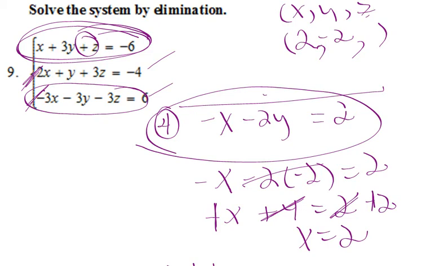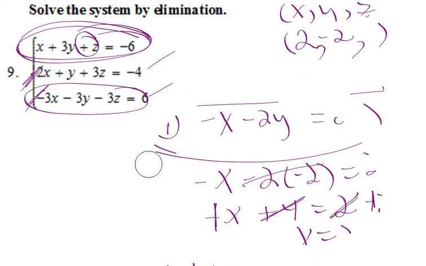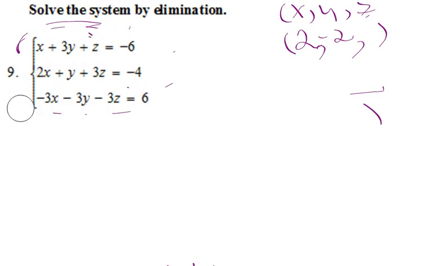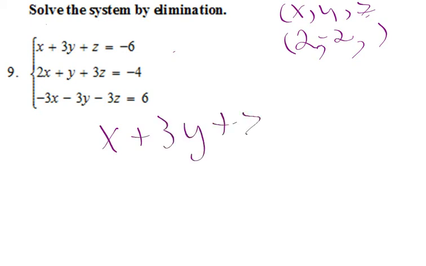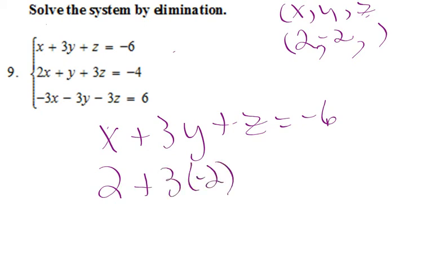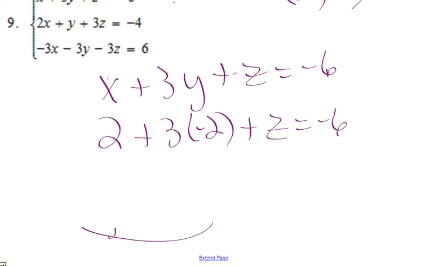So now all I have to do is plug in x and y into my first three equations, any one of them, and I will have my last variable z. So I'll just choose my first equation, x plus 3y plus z equals negative 6. I'm going to plug in a 2 for x and a negative 2 for y and solve for z. 3 times negative 2 is negative 6.